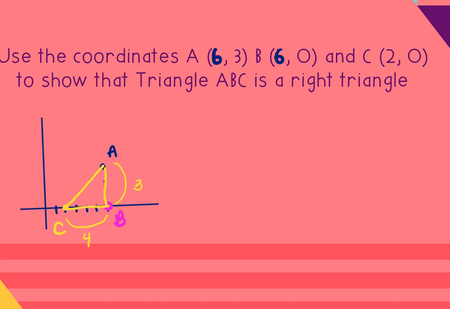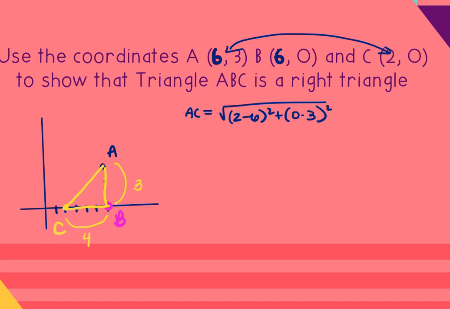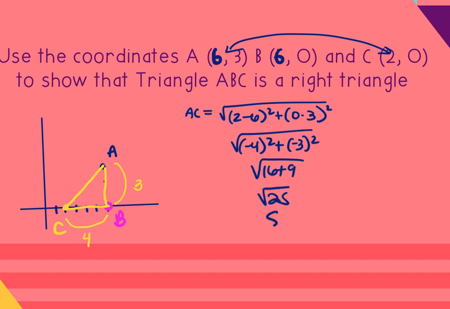Now all I have to do is find AC. And for that, I do the distance formula. So I'm doing the distance formula for AC. Square root of (2 minus 6) squared plus (0 minus 3) squared. And I get 16 plus 9, square root of 25, and that's 5.